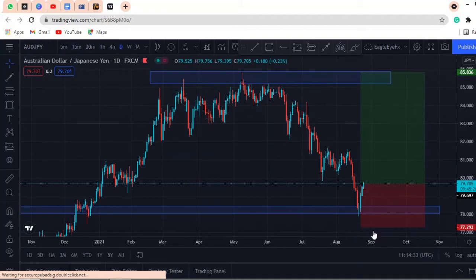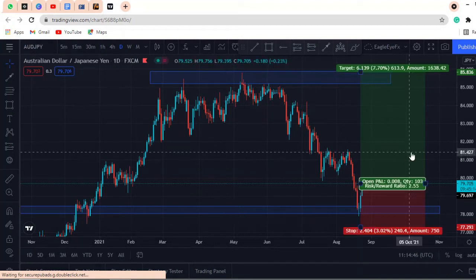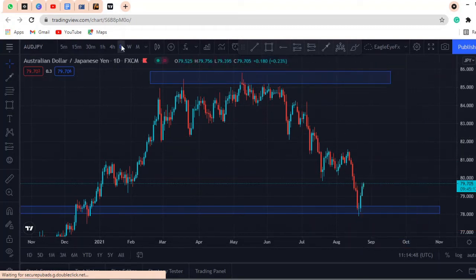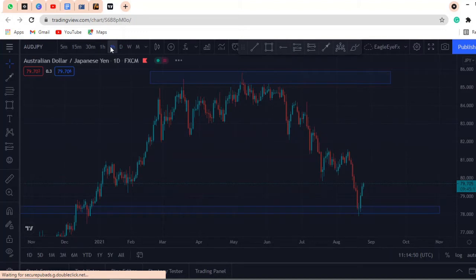So the size of the stop loss to me doesn't matter. What matters mostly to me is the risk and the reward.